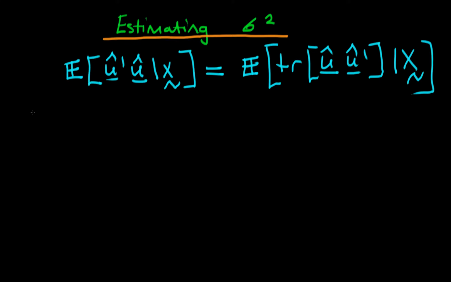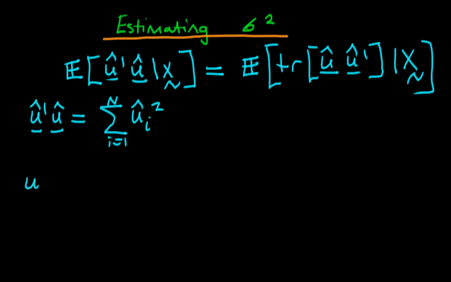Well, we know from the last video that u hat primed times u hat is just equivalent to summing from i equals 1 to n of u hat i all squared. So we need to demonstrate that the right hand side is actually equivalent to this.